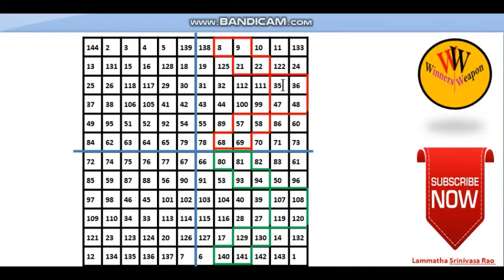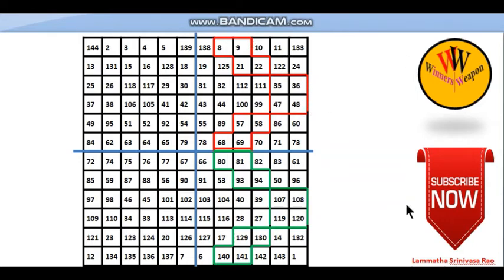And similarly the two boxes having 35 and 36 are replaced by 119 and 120. Similarly 47 and 48 are replaced by 107 and 108, and 107 and 108 will be replaced by 47 and 48.